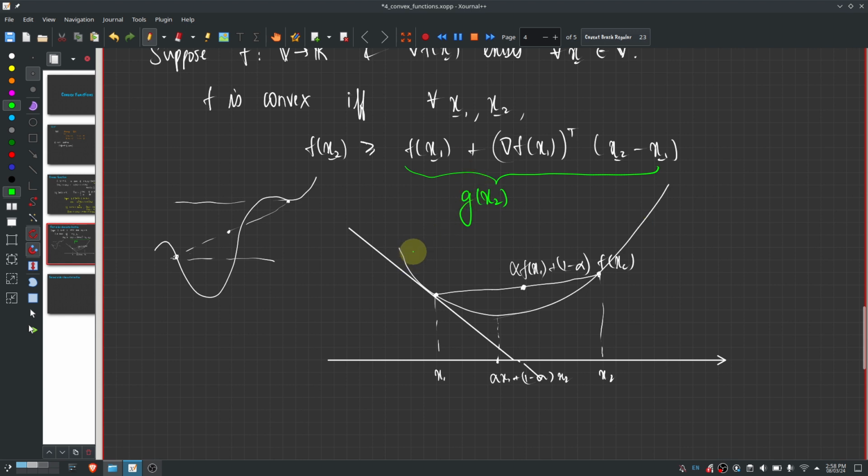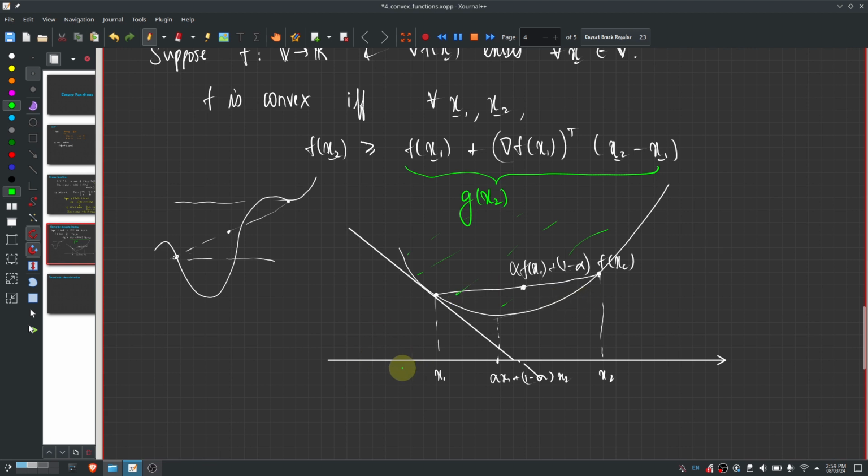What would the tangent be at this particular point if I consider this to be a set? The tangent drawn at any point on the boundary is just the supporting hyperplane.